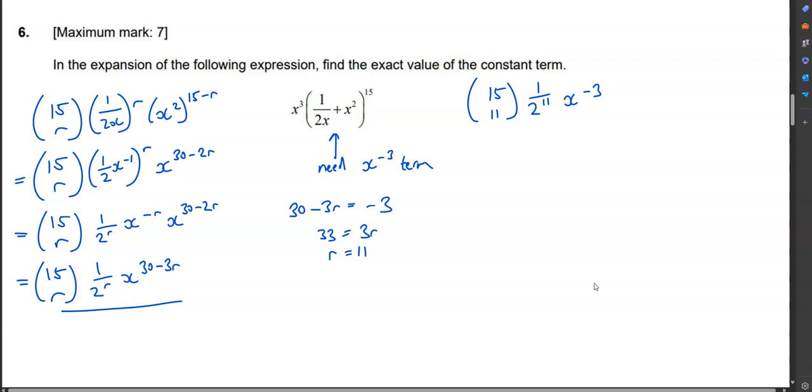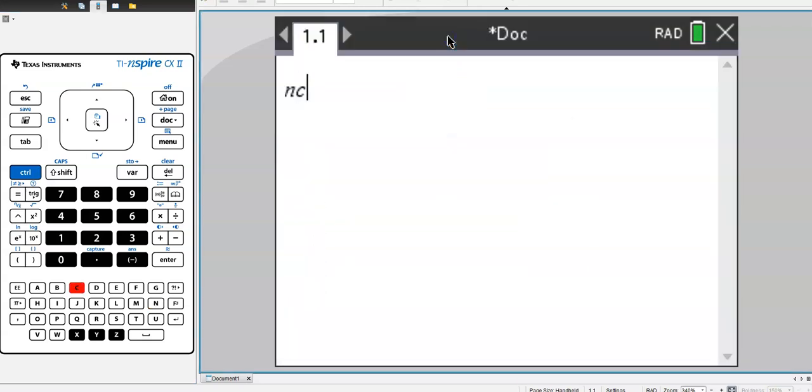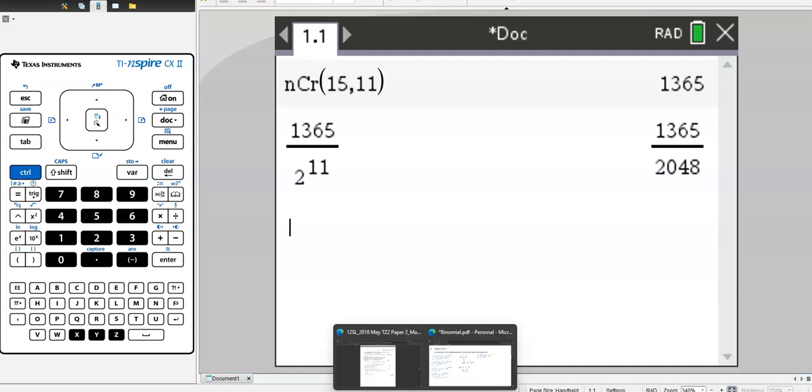I think this would probably be a CAS bit now. So we'll go to here, we type in NCR 15, 11, 1365, and we're dividing that by 2 to the power of 11, which gives us, oh, that's not very nice, is it? 1365 over 2048.